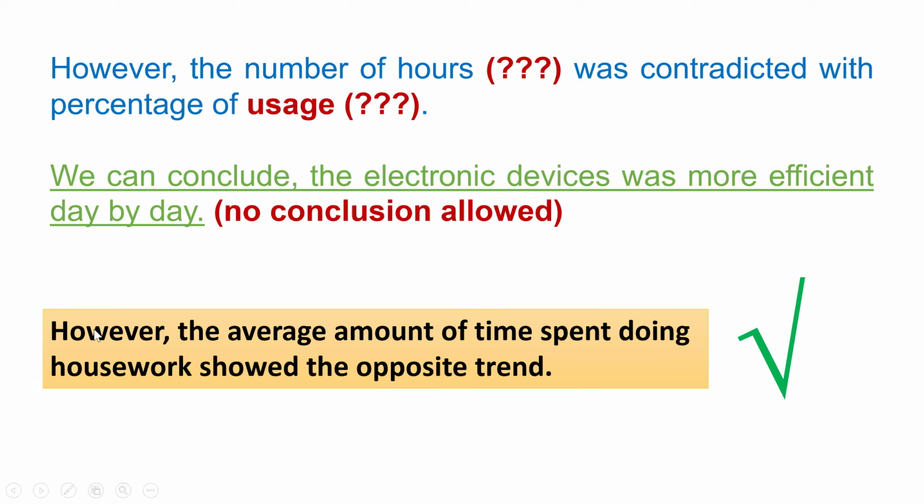Oke, jadi di sini ada however, the average amount, rata-rata banyaknya waktu yang digunakan dalam mengerjakan tugas rumah showed the opposite trend, menunjukkan hal yang sebaliknya. Nah, kamu mengatakan was contradicted. Ya, oke, very good. Cuman di sini kamu hanya perlu memperjelas number of hours apa.